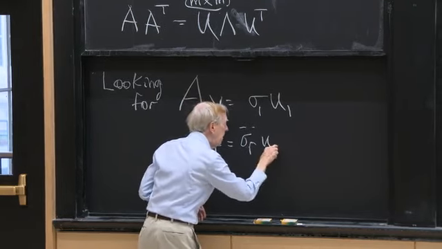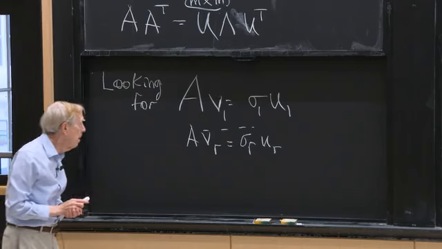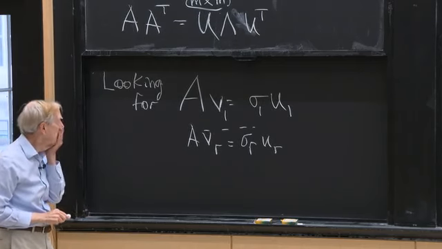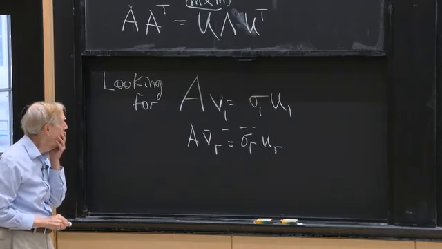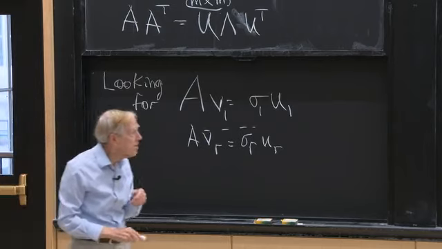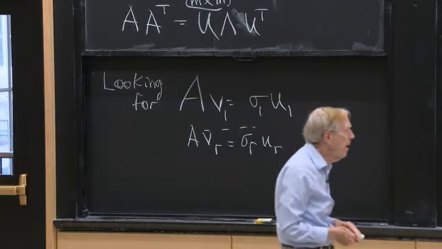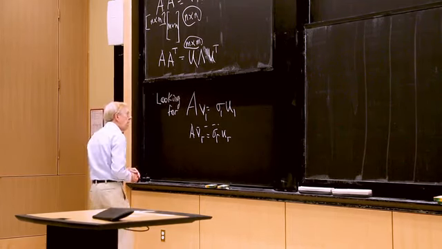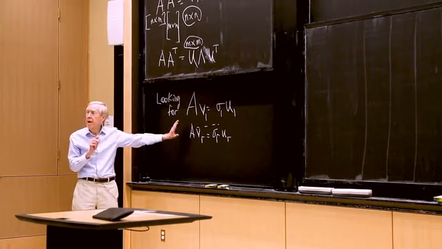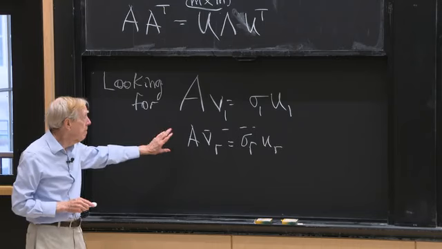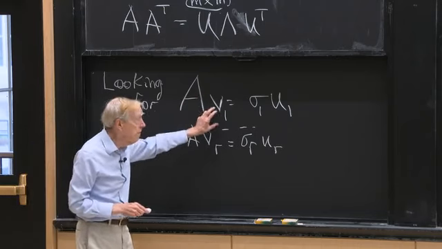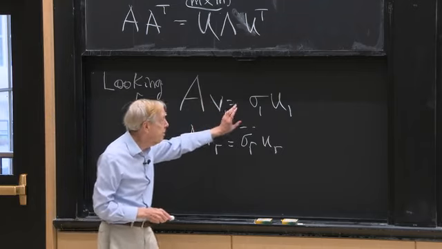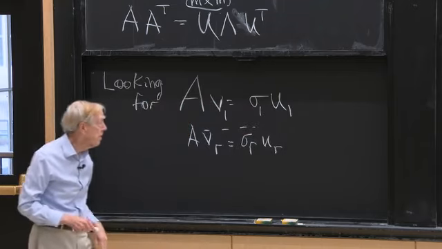Is that what I want? Let me just see. AV is sigma U. Yeah, that's good. So this is what takes the place of AX equal lambda X. A times one set of singular vectors gives me a number times the other set of singular vectors.